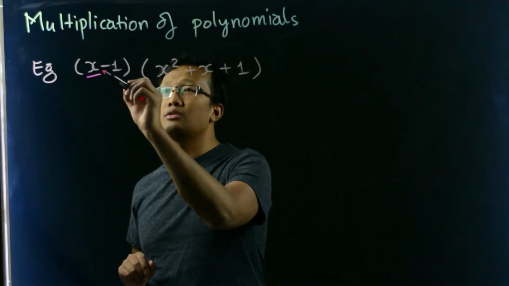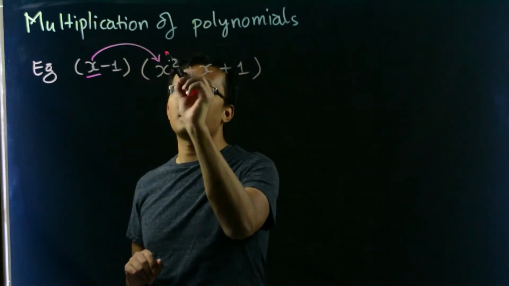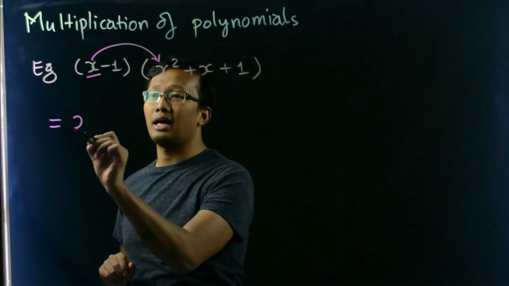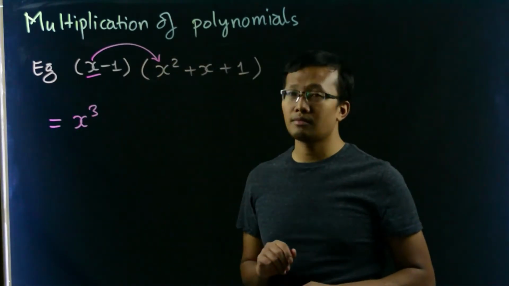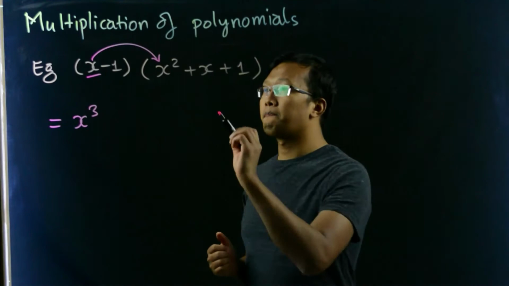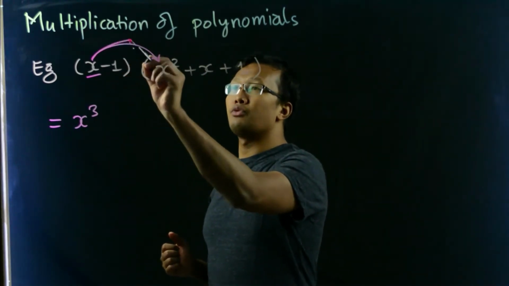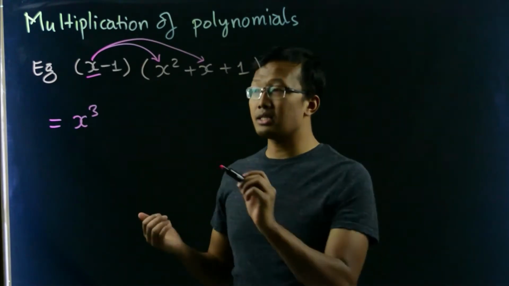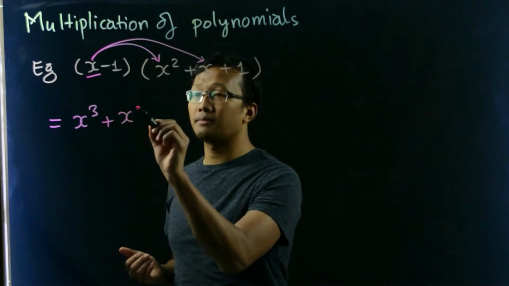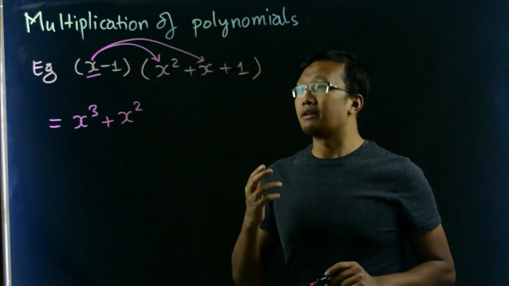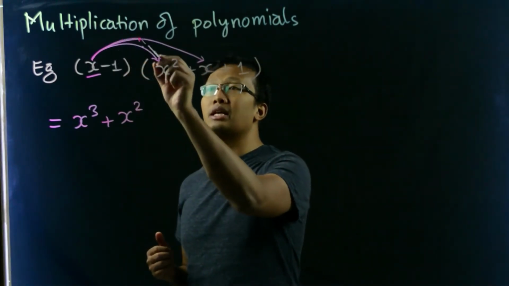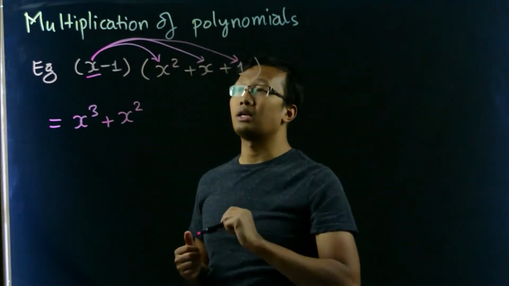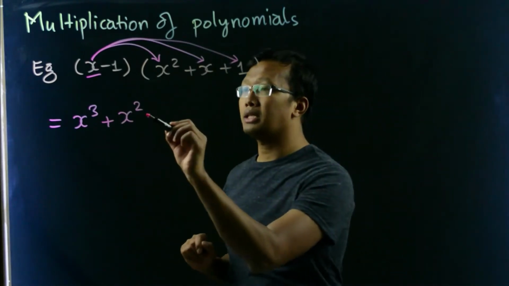Let us multiply x with x squared at first, which will give us x cubed, and then multiply x with x, that will give us positive x squared, and finally let us multiply x again with 1. So x times 1 is x.